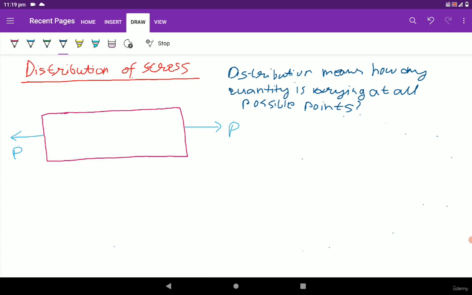So near the concentrated load, that is at this point, the stress distribution looks something like this.